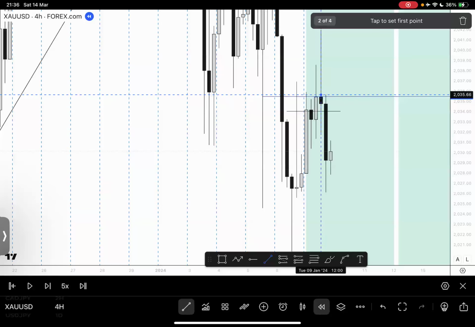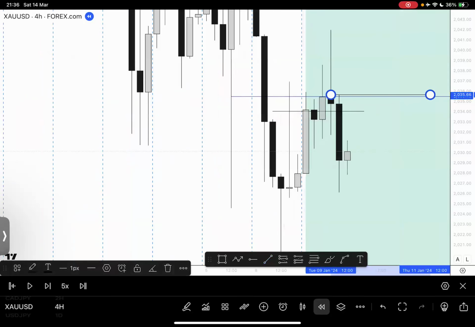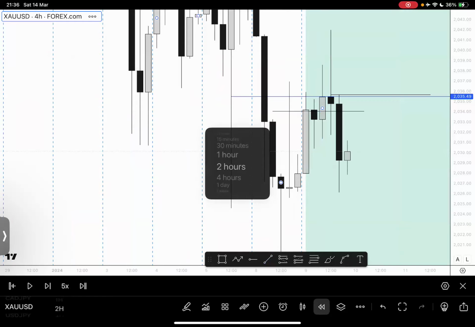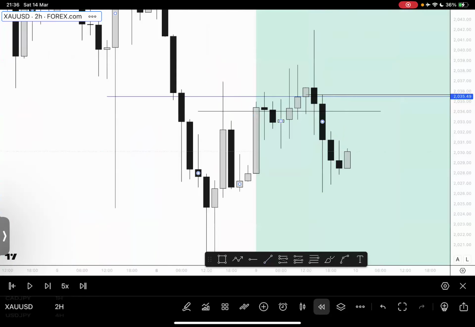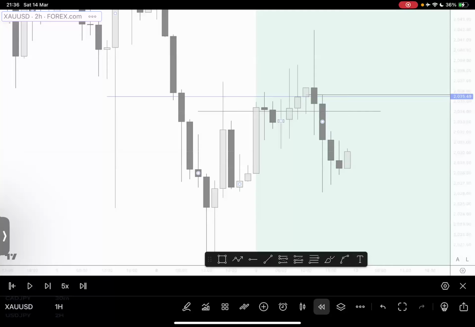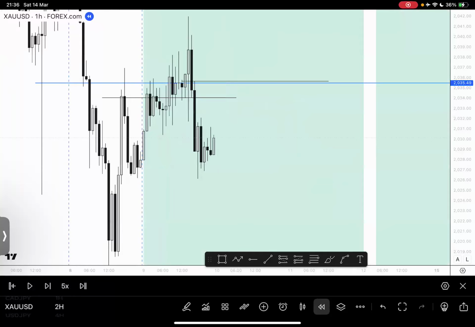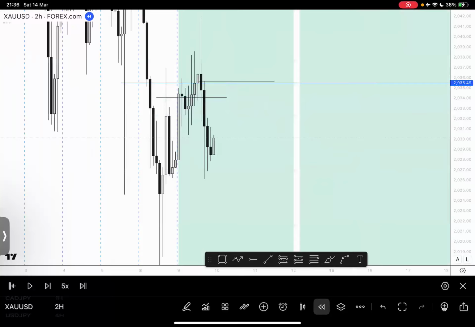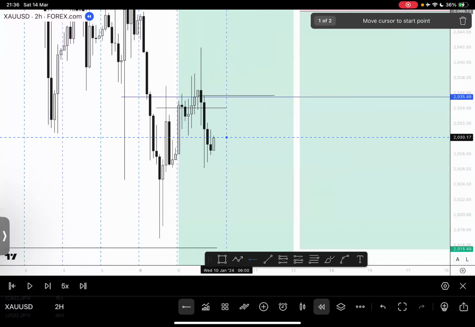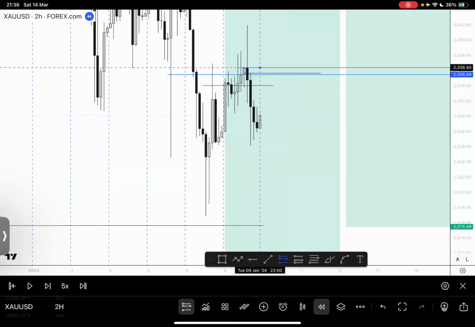Let's check out this structural confirmation. Let me see. Okay. So if I get a missed entry here.